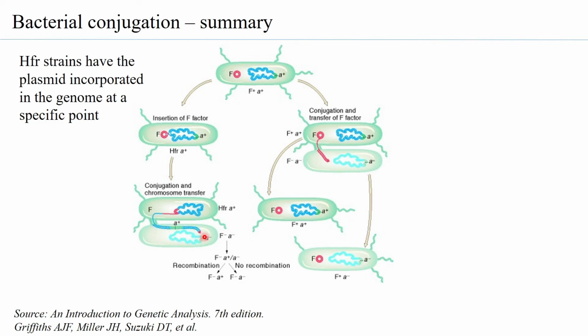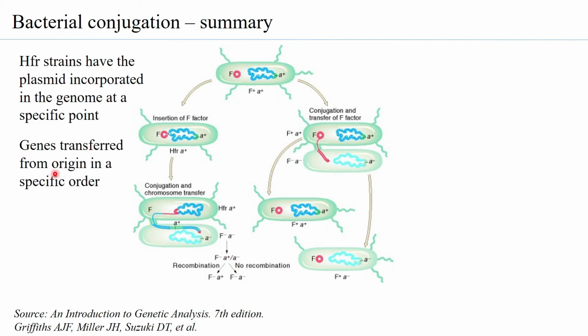In the process, the A plus present in the donor cell, a copy of that is also going into the recipient cell. So in this case you have F plus A plus and the recipient is F minus A minus, but now both strains are going to become F plus A plus. That is something interesting to note.